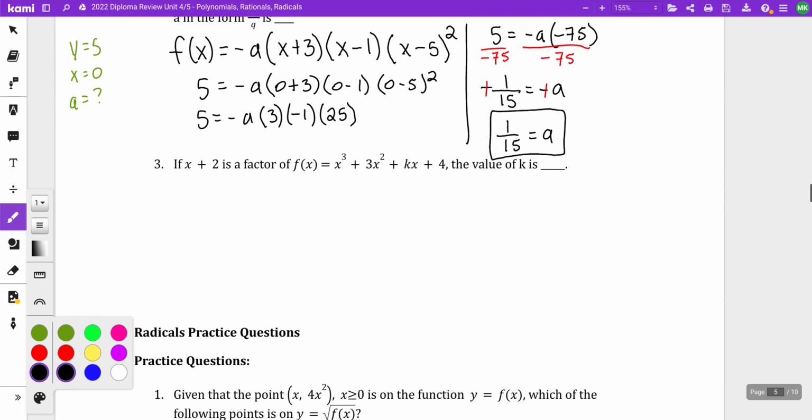All right, number 3. If x plus 2 is a factor of that whole thing, then the value of k is. Okay, is a factor means negative 2 is an x-intercept.